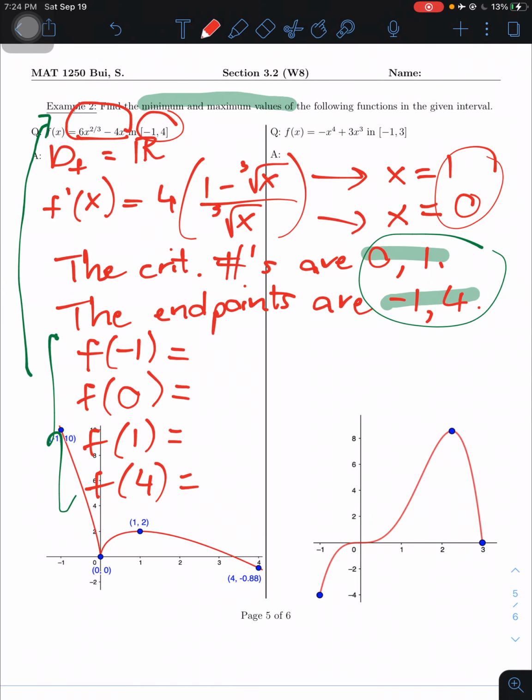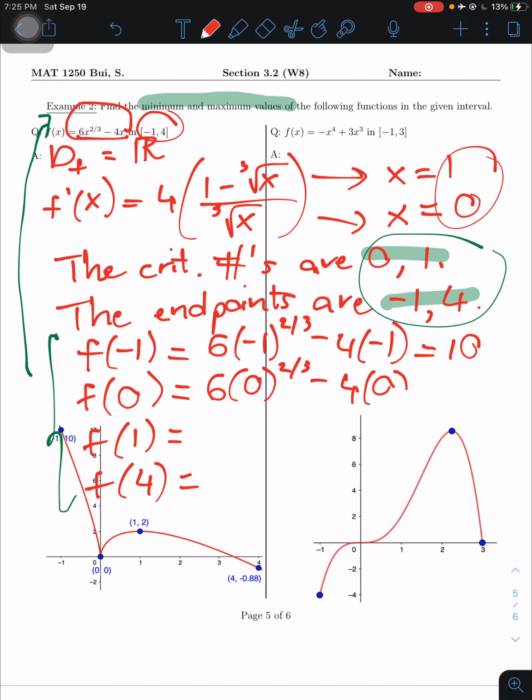Okay, if we put -1 in there, we're gonna get 6 times -1 to the 2/3, and then -4 times -1. That gives me a 10. Okay, for 0, as we did already, but let me just copy it really quick in here. So -4 and then 0, that gives me a 0. We're gonna do the same thing for 1, so it's 1 to the 2/3, and then -4 times 1, that gives me a 2.